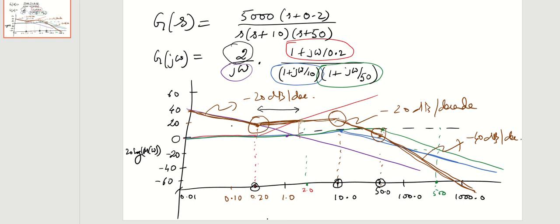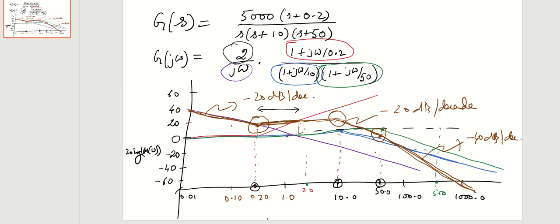So the lesson to be taken home is, if you have an integrator, you will obviously be descending at a rate of minus 20 dB per decade for lower frequencies until you come across the first corner frequency where, because it's a 0 in this particular example, the effect of the 0, which is to have a plus 20 dB per decade, cancels out this minus 20 dB per decade, and then you carry on with a slope of 0, a flat line, until you come across the next corner frequency, whereupon there is an additional effect of another pole, which is another minus 20 dB per decade.